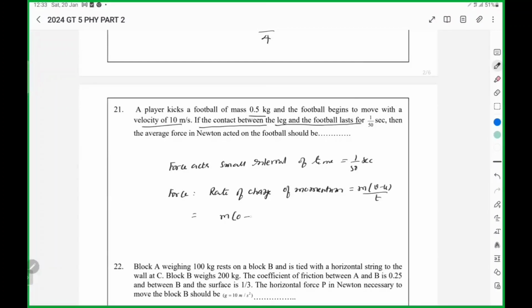So final velocity 0, initial velocity... Mass is 0.5 into 50 into minus 10. So here you have that force is 25 into 10, 250.